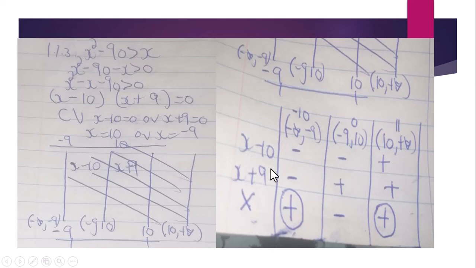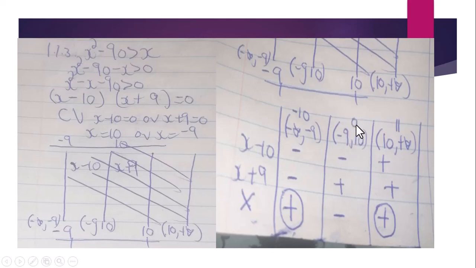So we continue. Once you have done that, then you say what is a value. You just take a value that is smaller than minus 9. Just take a value to the left of minus 9. I know that minus 10 is less than minus 9, so just take a value minus 10. You can take minus 20, that's your choice. And then a value in between minus 9 and 10.